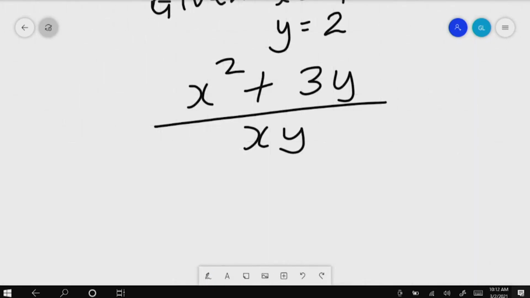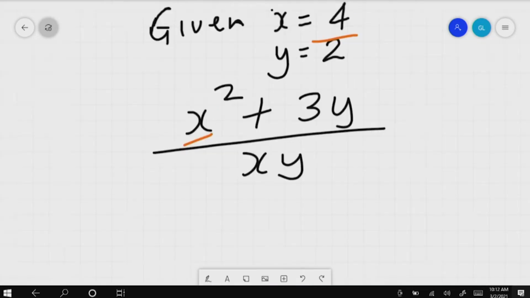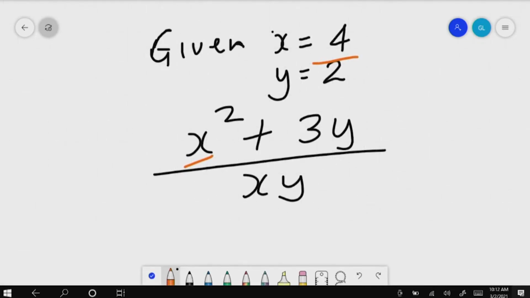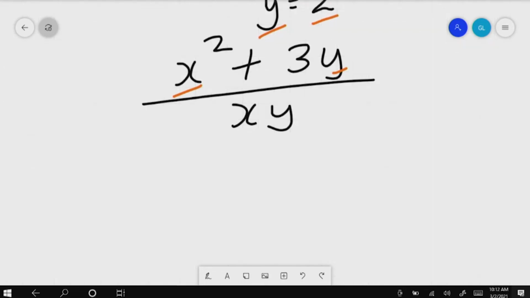So what we need to do is to substitute where x is the value of 4 and where y is the value of 2 and compute.